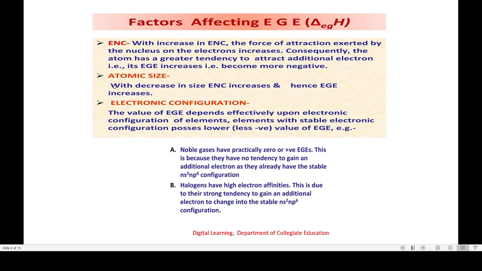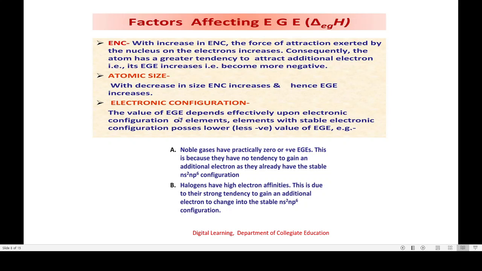Coming to the second factor, that is the atomic size. With decrease in the size, effective nuclear charge increases and hence electron gain enthalpy increases. And coming to the very important one, the electronic configuration is also a very key factor which affects the electron gain enthalpy.